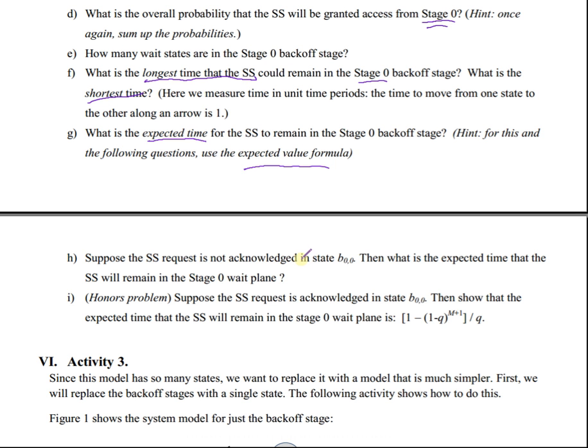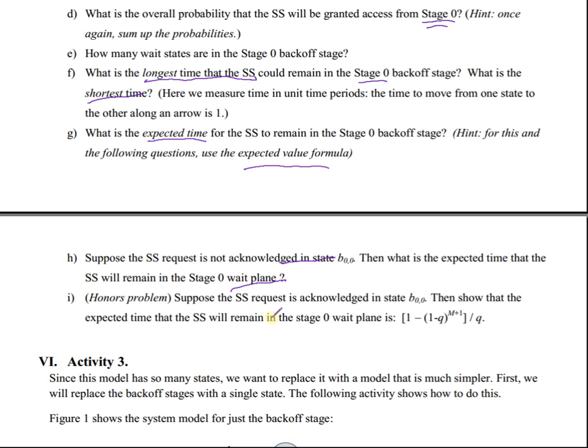Let's see, where are we? Okay, so this is asking for the expected time in the backoff stage. This one is asking for the expected time in the wait plane if the subscriber request is not acknowledged. And this one is a little more difficult.